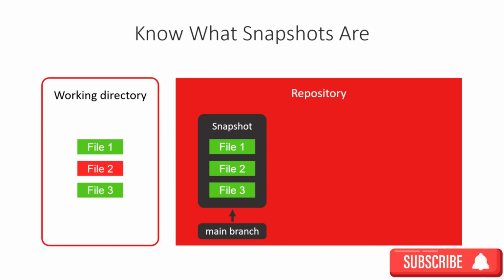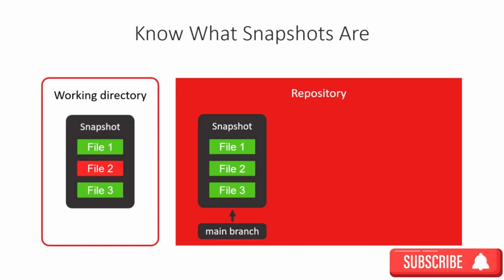With this commit, Git does not only record the change of that single file. Instead, Git creates again a snapshot of all your files. So, you see, the term snapshot describes actually how a commit in Git works.